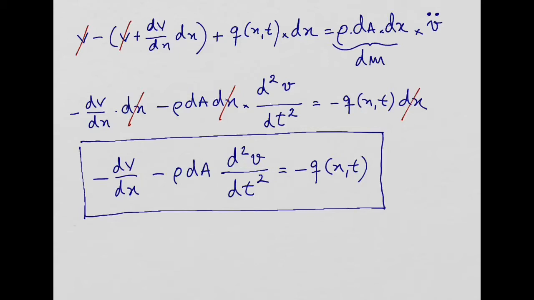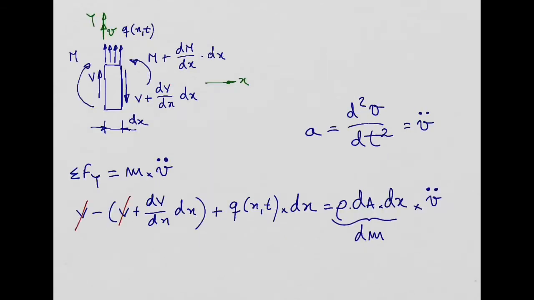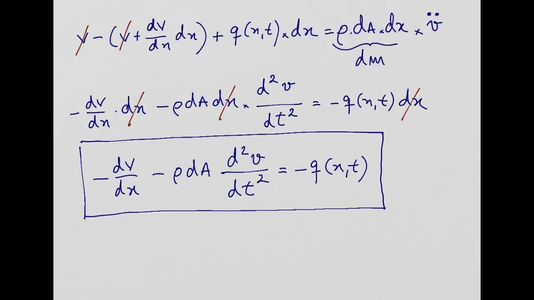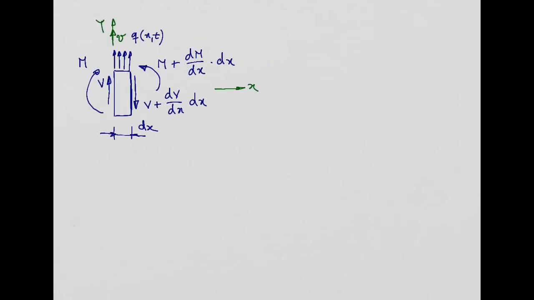But this is not the end yet, because so far we have only used the equilibrium equation, or Newton's second law, for the forces in the vertical direction. So I'm going to copy this figure, because what we are going to do now is use more equilibrium equations. We have the equilibrium equation for the moments, right?